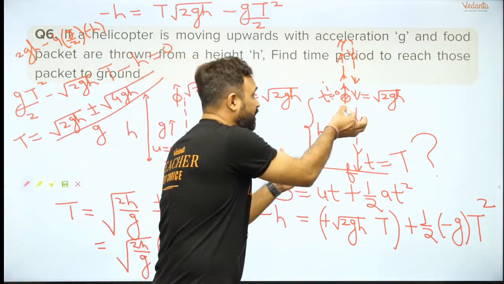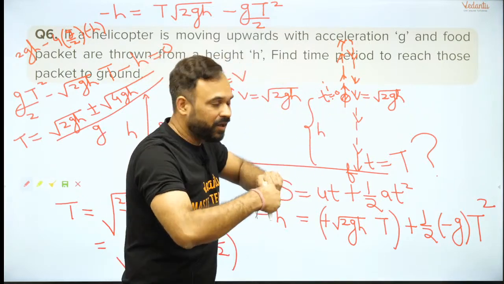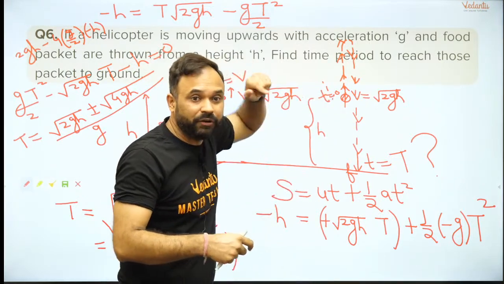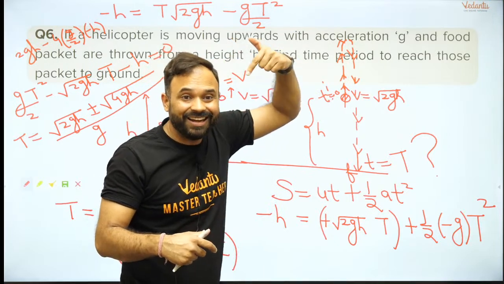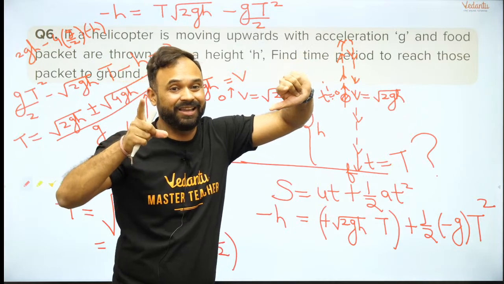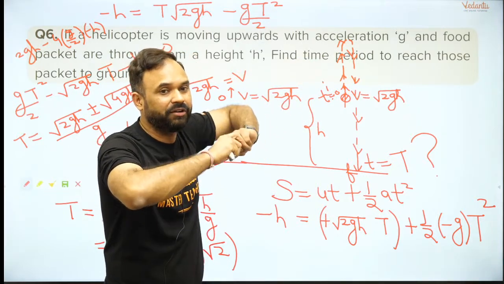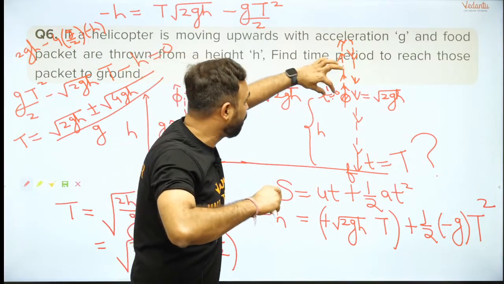And you see this negative term cannot come. It is √(2h/g)(1 + √2). Why am I saying negative cannot come? Because t cannot be negative, and that negative t tells you the time it would take to move from this point to this point if it was moving freely under gravity.